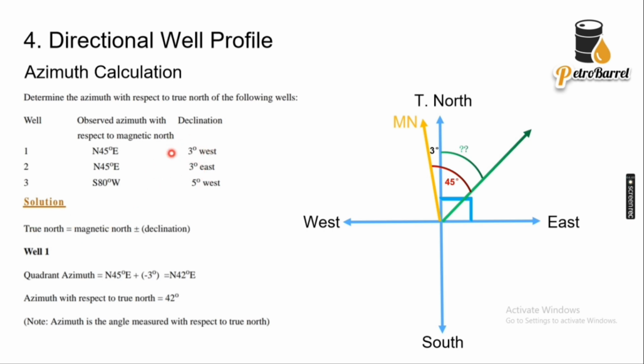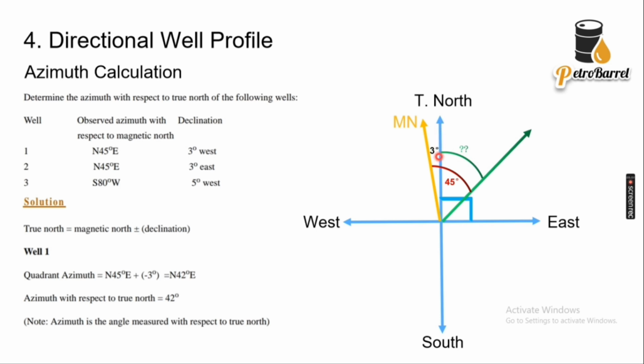He said in the first case 3 degrees west. So this is the direction of west, and we build an angle of 3 degrees in the direction of west. Our starting point is the true north, or the north direction.